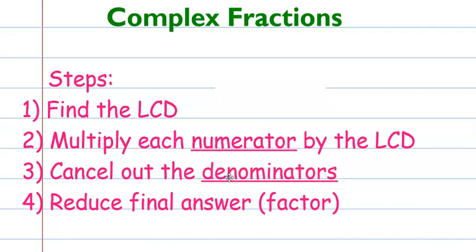We can cancel out all denominators because an LCD will always be able to divide by a denominator an even amount of times. And then reduce the final answer, which usually involves factoring and canceling some factors out.